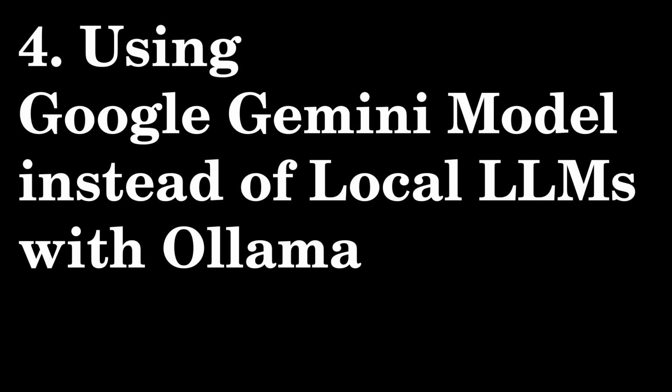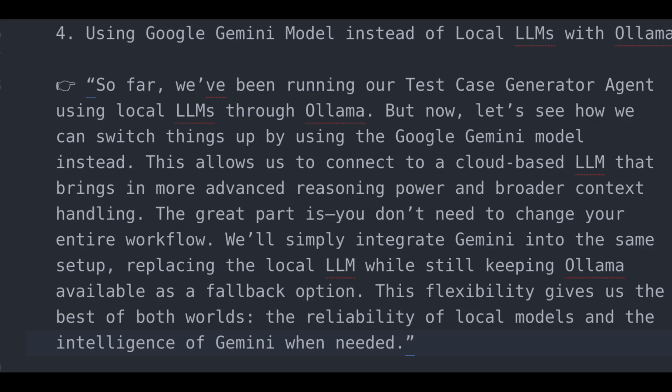Execution result. 4. Using the Google Gemini model instead of local LLMs with Ollama. So far, we've been running our test case generator agent using local LLMs through Ollama. But now, let's see how we can switch things up by using the Google Gemini model instead. This allows us to connect to a cloud-based LLM that brings in more advanced reasoning power and broader context handling.